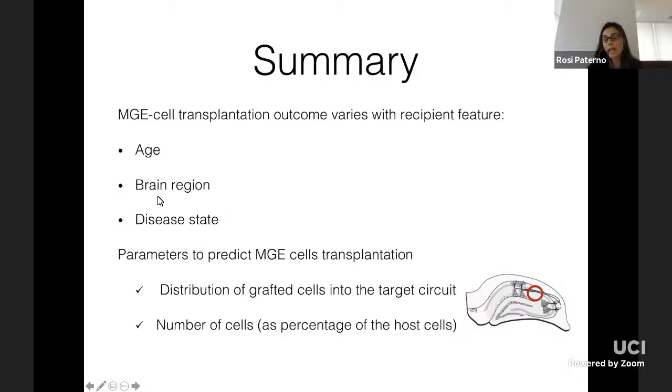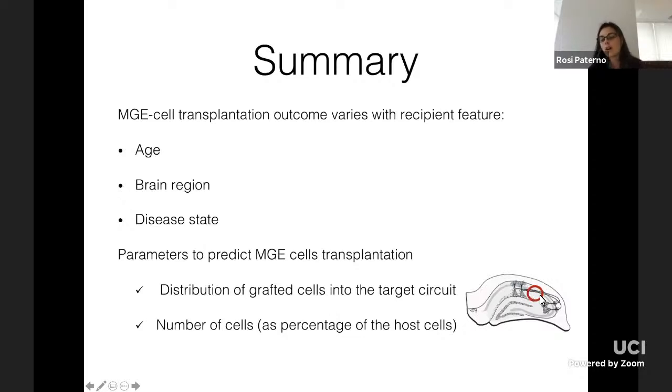So as an interpretation, we need to use MG cell transplantation in a wider range of conditions, and to precisely modify the circuit, we need to think that if the circuit is less hyperexcitable, and the balance between excitation and inhibition is not perfect but is more preserved than in other conditions, then we need to modify the protocol so that we have a distribution of the cells injected into the target circuit.